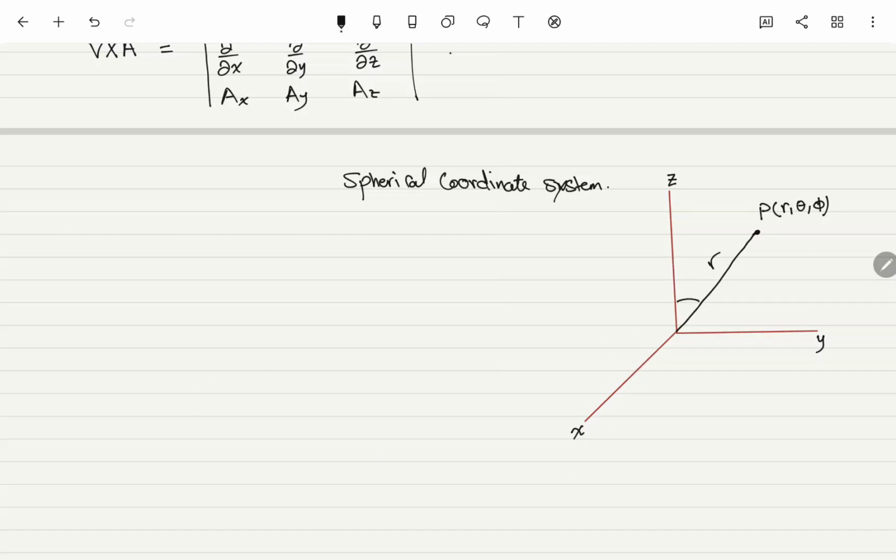Theta is the angle with the z-axis, and the projection of this point onto the xy plane will be somewhere here. Now the new position vector, this one right here, has an angle phi. So to represent a sphere, the three coordinates we should consider are r, theta, and phi. In Cartesian it is x, y, z; in spherical, r, theta, and phi.